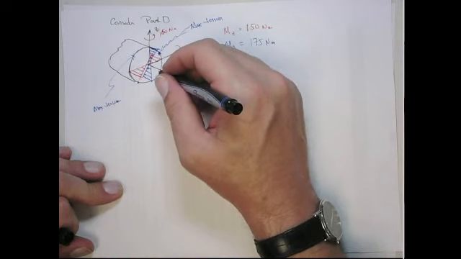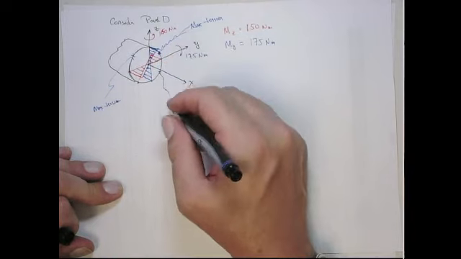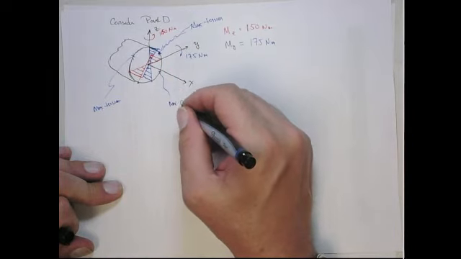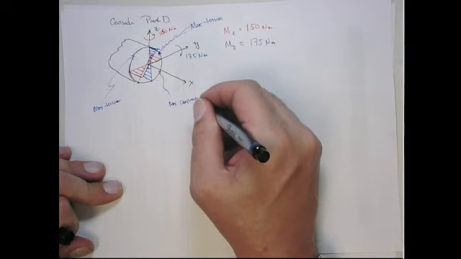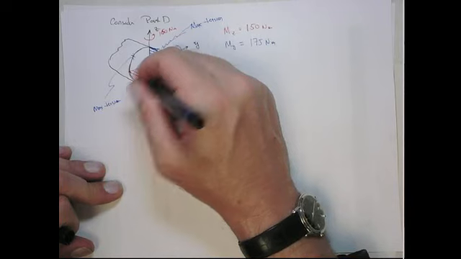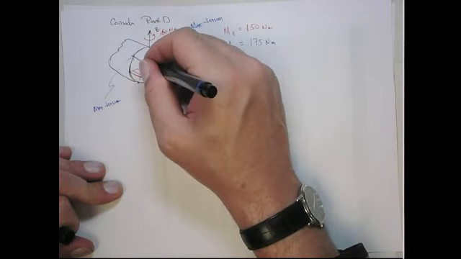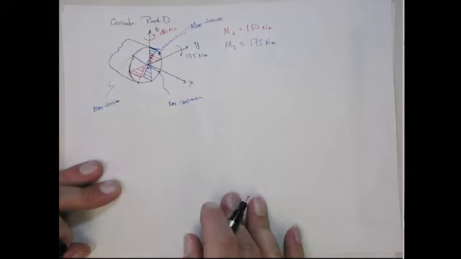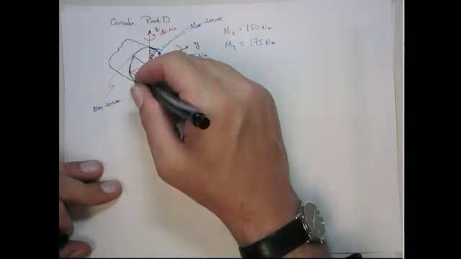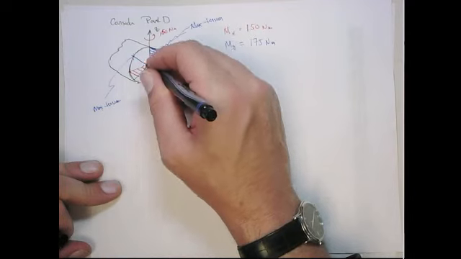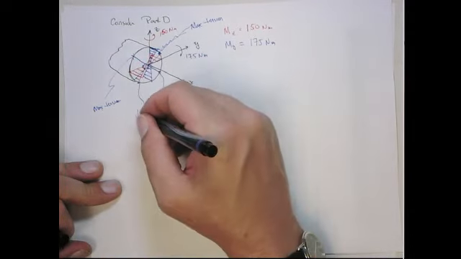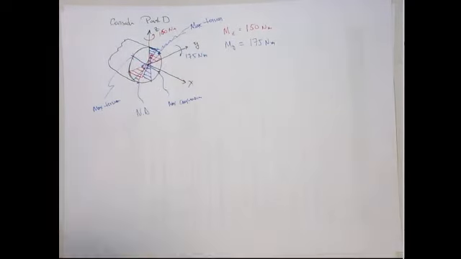So somewhere along here is going to be max compression. Now what you're actually going to find is these points will be 180 degrees apart from each other, and then the perpendicular to that will actually be the neutral axis, right? Because the max stresses are perpendicular to the neutral axis.